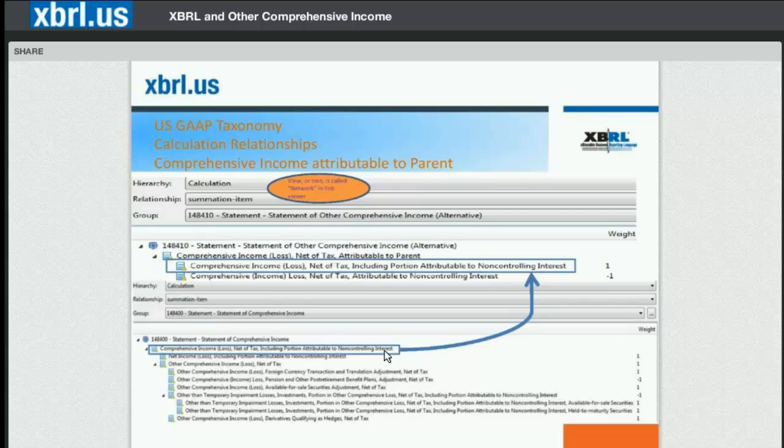This summation parent is then brought into the alternative taxonomy calculation grouping 148.410, in which its role is as a child to the comprehensive income net of tax attributable to parent element. So here it can total, here it's a child. The point here is that elements can serve as a parent or child in a calculation tree.